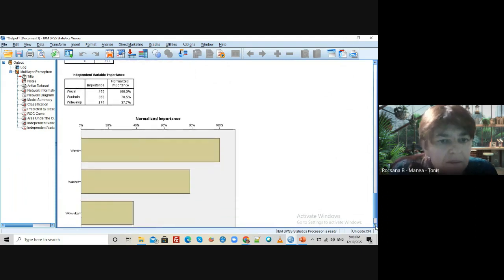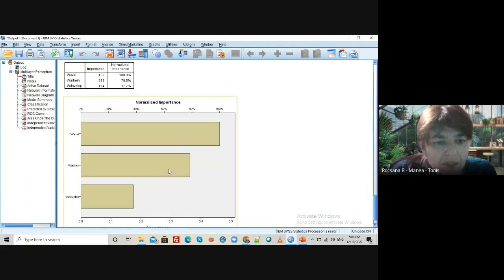In the first place, teachers consider that the most important for them is that artificial intelligence is used in evaluation of students' projects. Then they consider that artificial intelligence can be used in administrative tasks.